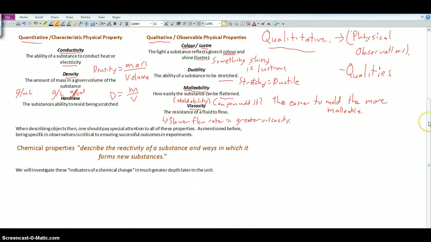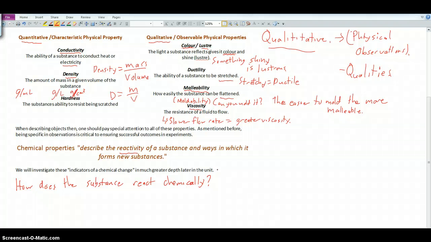The other type are chemical properties. And this is basically, they describe the reactivity. So we're going to investigate this a little bit more. We're going to talk about physical and chemical changes. But really, all the chemical property is how does the substance react chemically. So, for example, something like magnesium is very reactive in water.